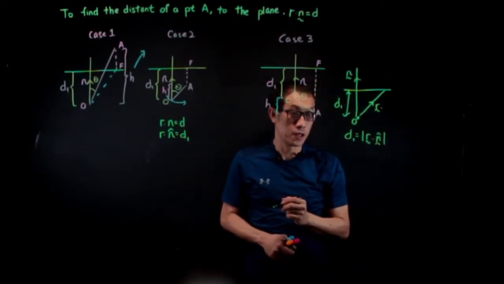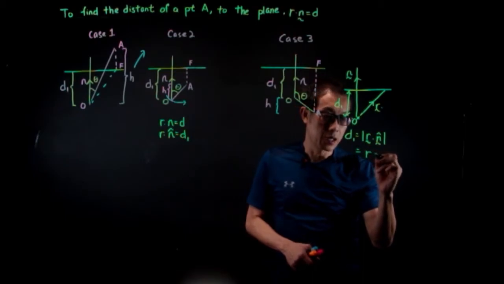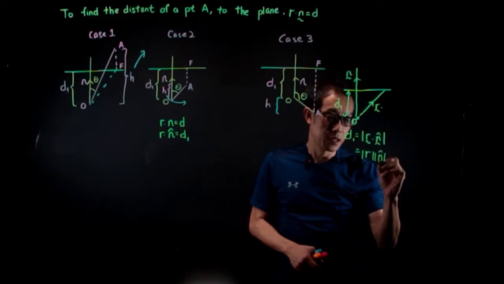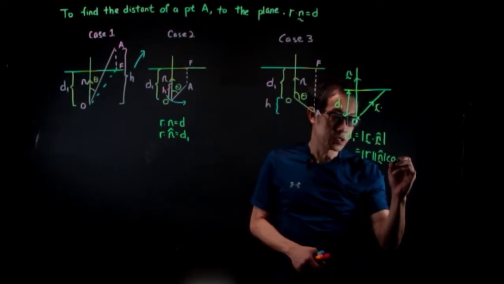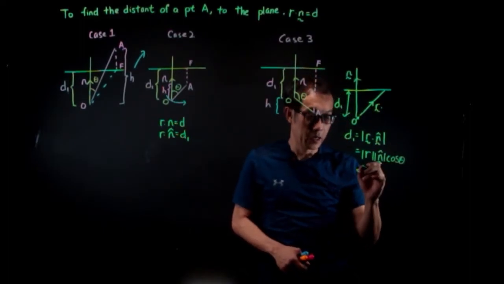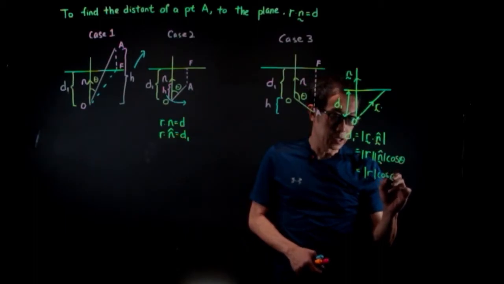Now, this is actually mod r mod n cos theta. The mod of the unit vector is 1, so you are left with mod r cos theta.